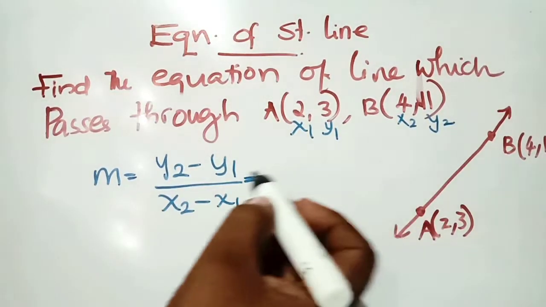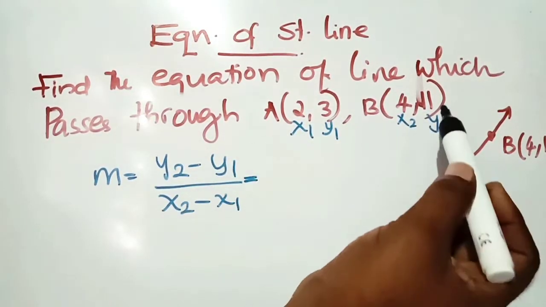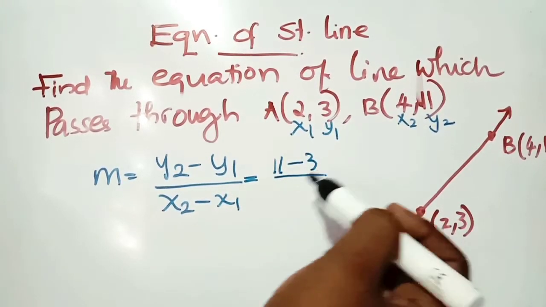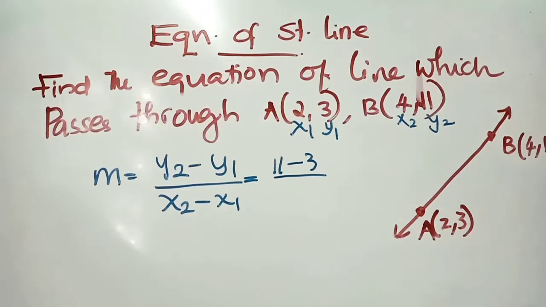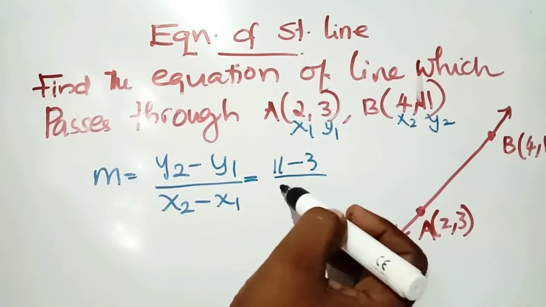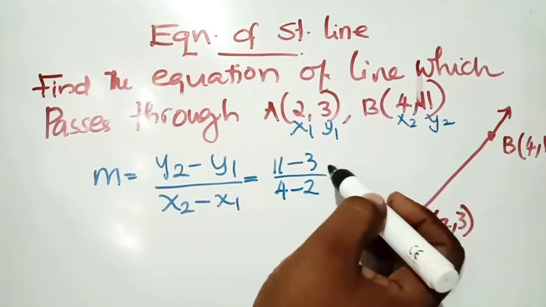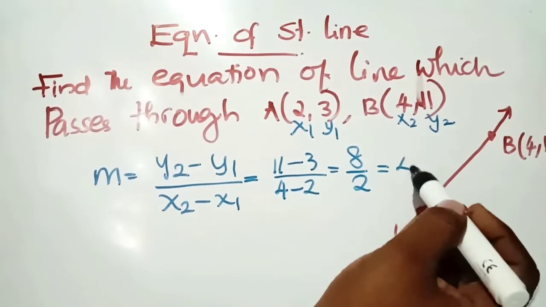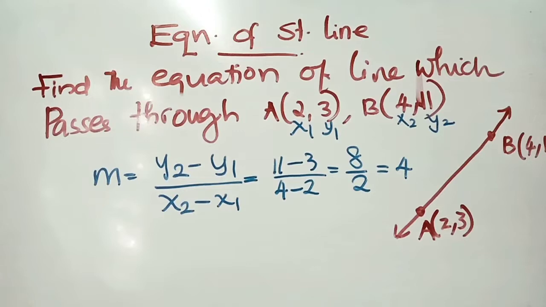So we get y2 minus y1, that is 11 minus 3, by x2 minus x1, which is 4 minus 2. So we get 8 divided by 2, which is equal to 4. So what is the gradient? m is equal to 4 is the gradient.